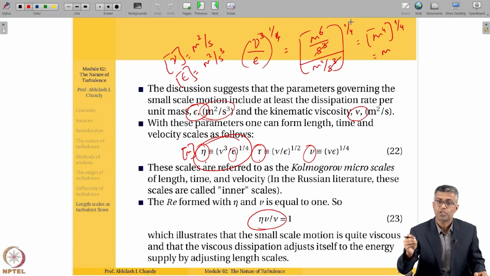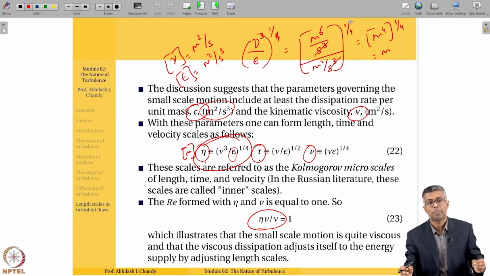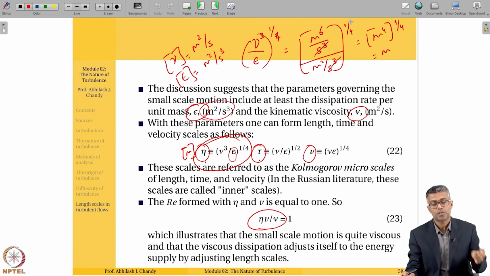So the rate at which energy gets dissipated at the small scales is only dependent on two quantities: the dissipation rate and the kinematic viscosity. The dissipation rate, because that is the rate at which energy is being dissipated, and the viscosity, because viscosity plays a role in the dissipation of energy at the small scales.